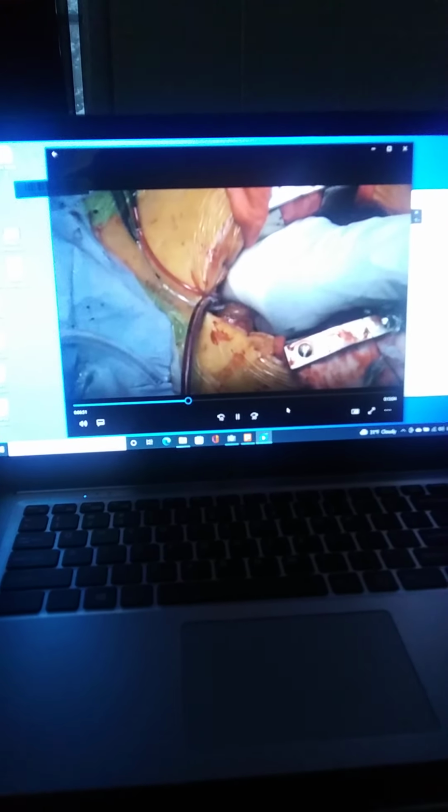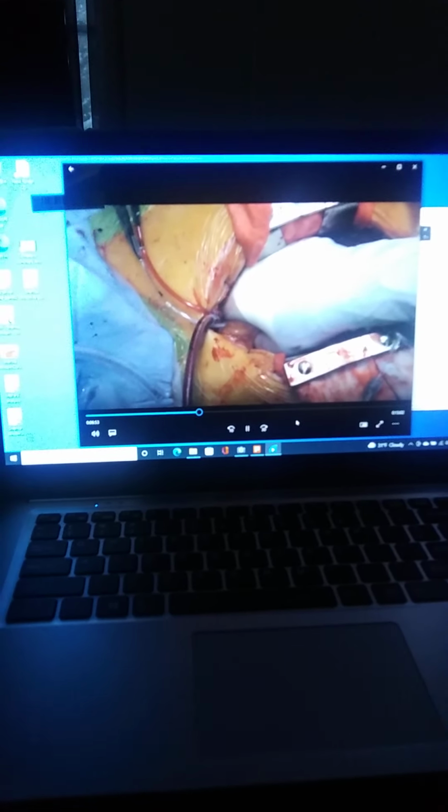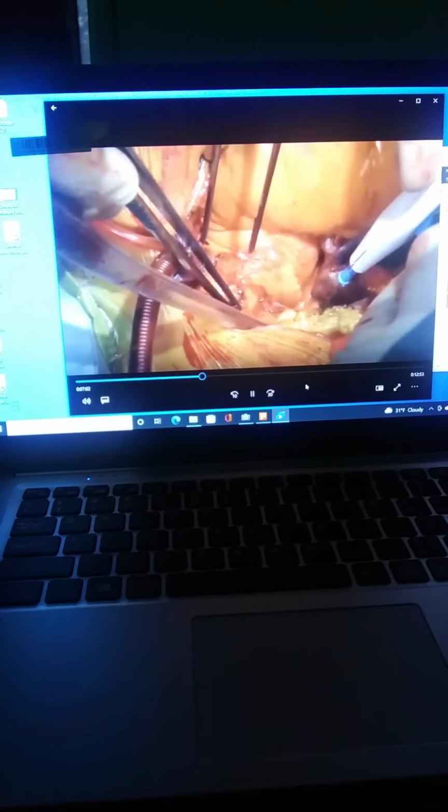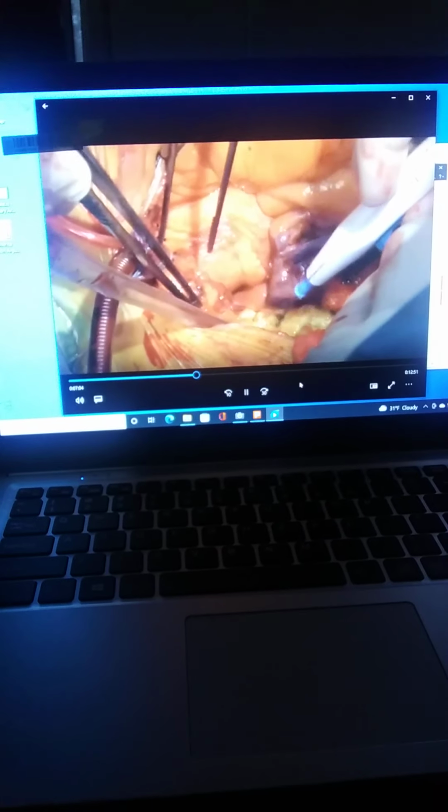Here you would see the right hand palpating and feeling the space through which the right internal mammary artery conduit will traverse. We create a slit in the pericardium to allow the right internal mammary conduit a gentle lie through the transverse sinus. Care is taken to avoid injury to the right phrenic nerve.